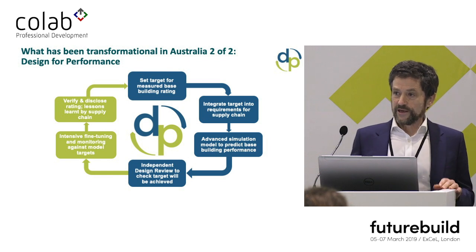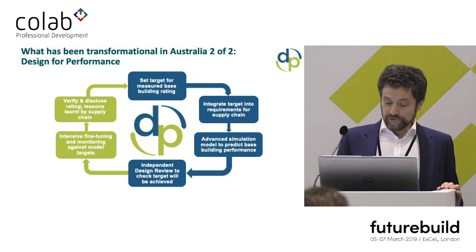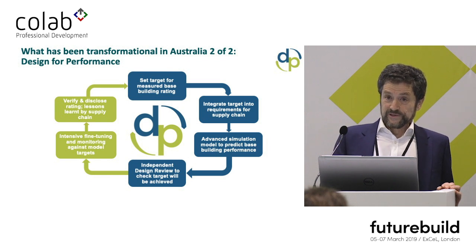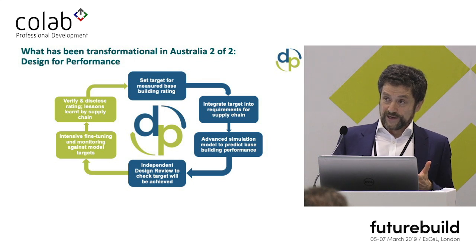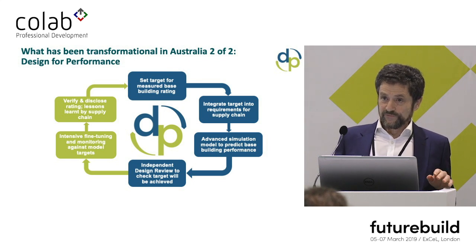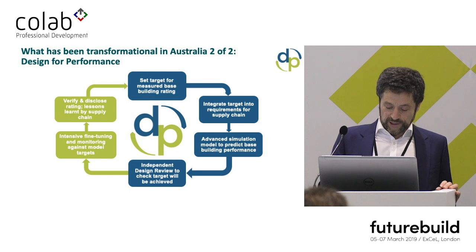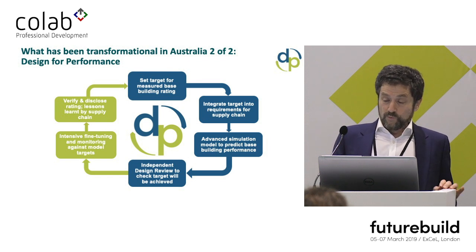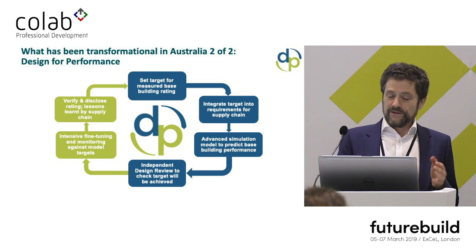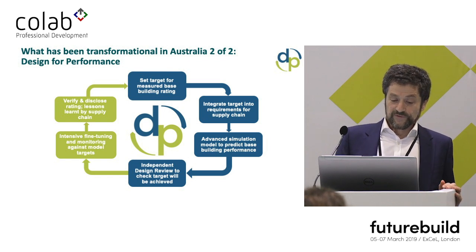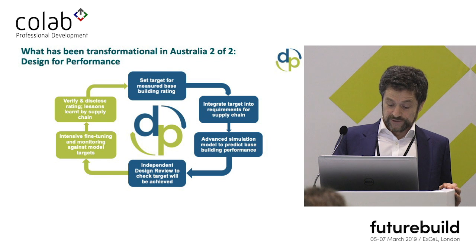So they essentially create a digital twin before it's constructed. They then have this independent design review process where the reviewer checks that in their expert view the building will deliver the target. Once the building is constructed, it's not that these buildings hit the ground running and don't need any fine-tuning. There's an intensive process of fine-tuning.